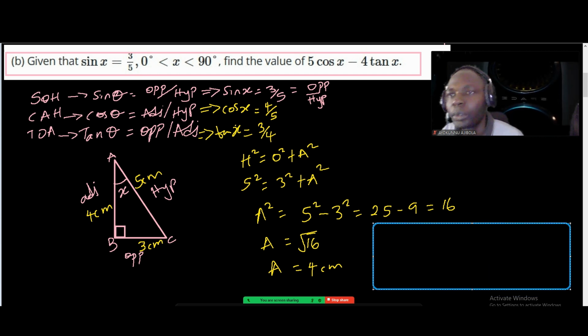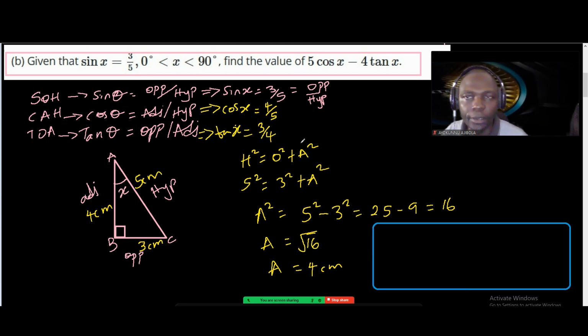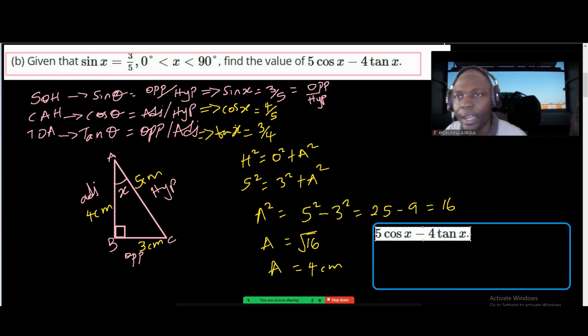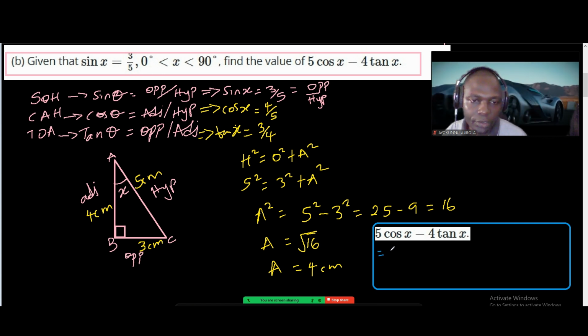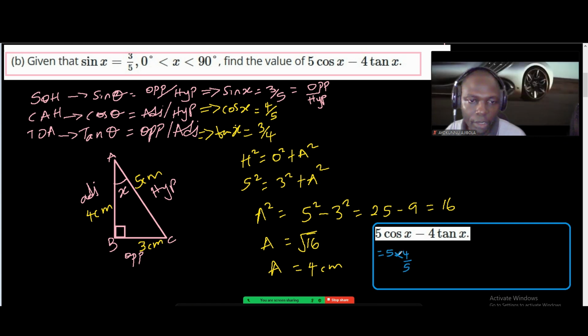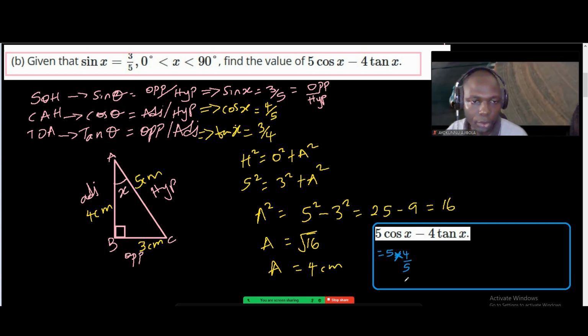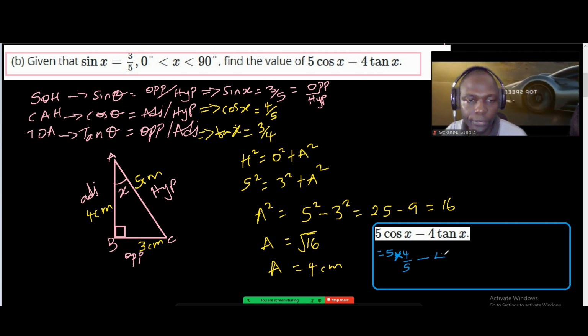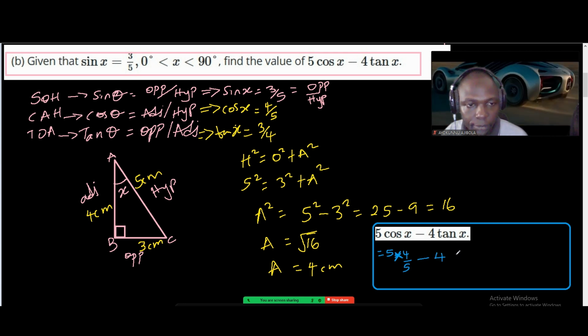The question says find the value of this one. So 5 cos x. What's our cos x? Cos x is 4 over 5. So this is equal to 5 times 4 over 5, minus 4 tan x.